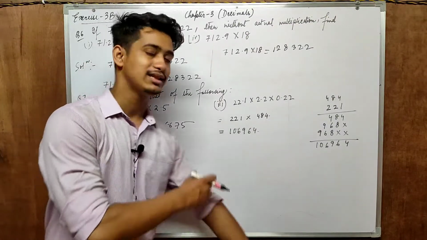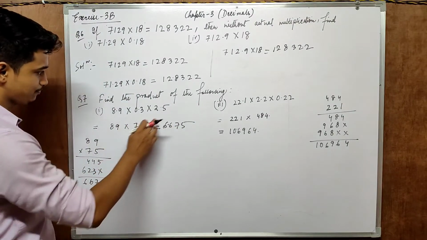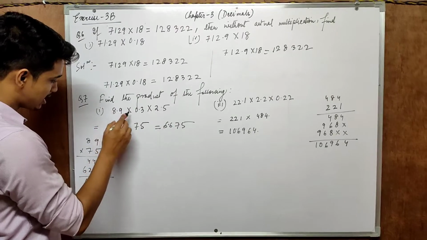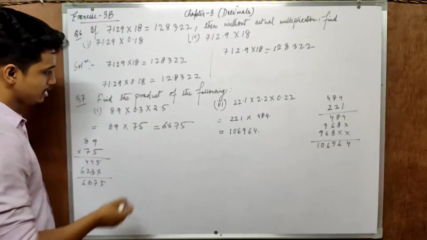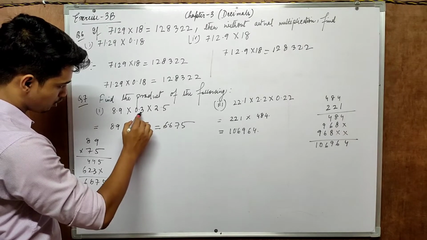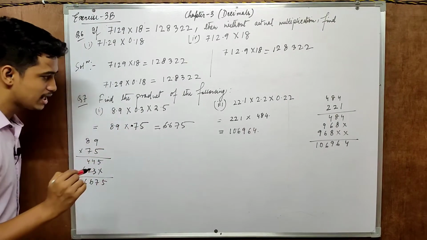Make sure of one thing, and now to make it more clear, just see in the question section. Here 8.9 is there, so put 1 point, and there 75 is the answer. So how many places are there? 1 and 2, so put the point accordingly.